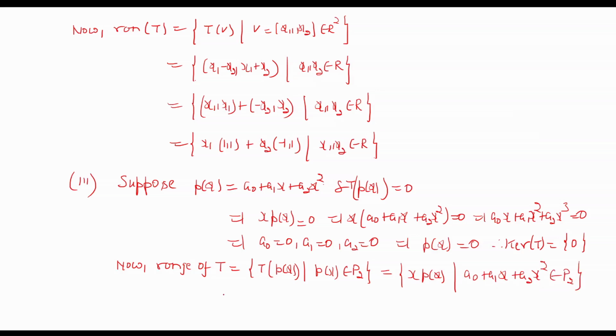So it is equal to a0x plus a1x square plus a2x cube. Here a0, a1, a2 are scalars. This is your range of T. Got it?